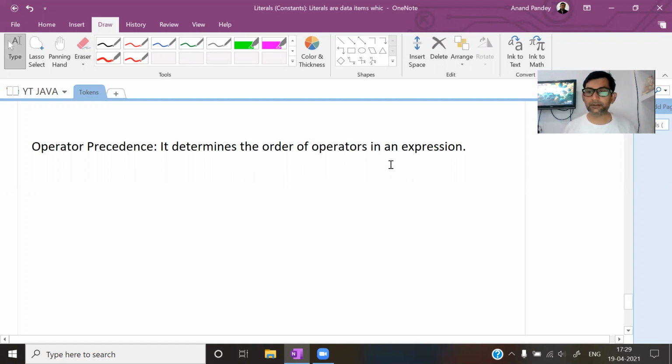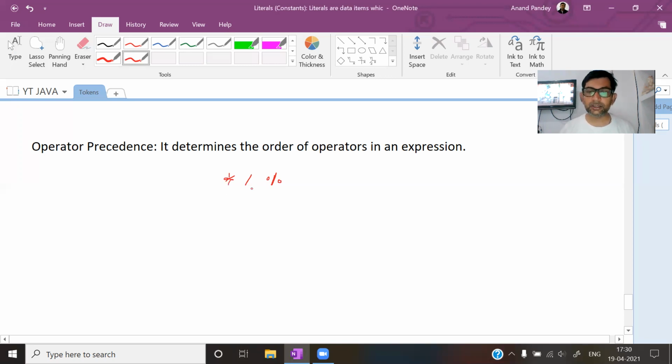What is the rule here? Multiplication, division, and modulus: all these three operators have the same precedence, the same priority. We cannot say that multiplication has greater precedence than division.